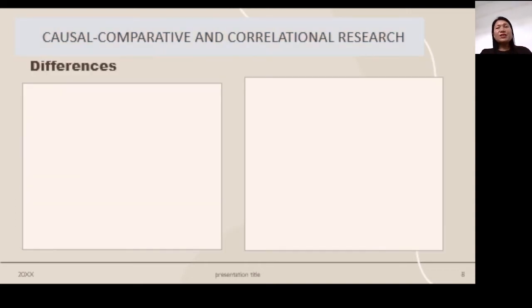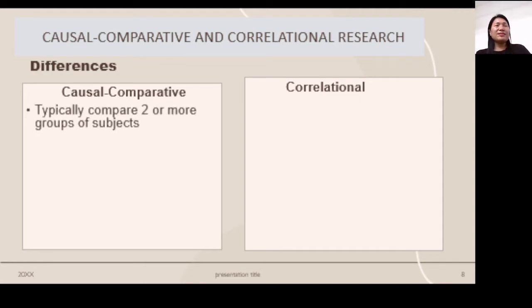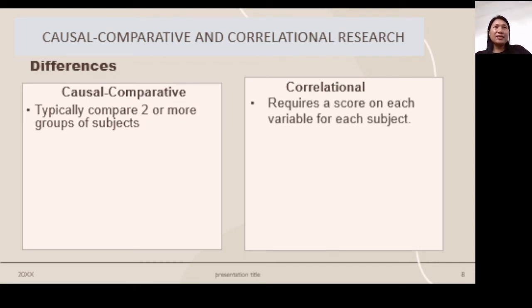So these are the differences also. From the book, these are the differences presented between causal comparative and correlational researches. In causal comparative research, typically it compares two or more groups of subjects, while correlational research requires a score on each variable for each subject.